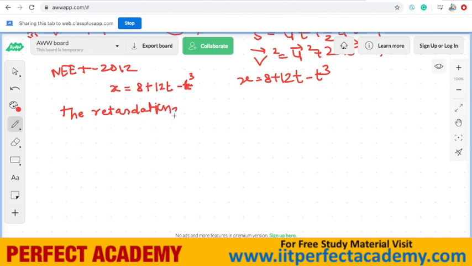What do you mean by retardation? Retardation is nothing but negative acceleration; acceleration with negative sign is retardation. The retardation of the particle when velocity becomes zero.